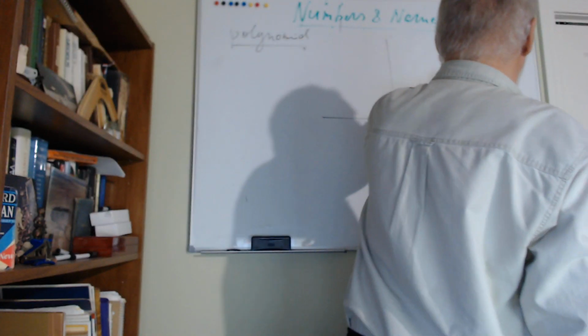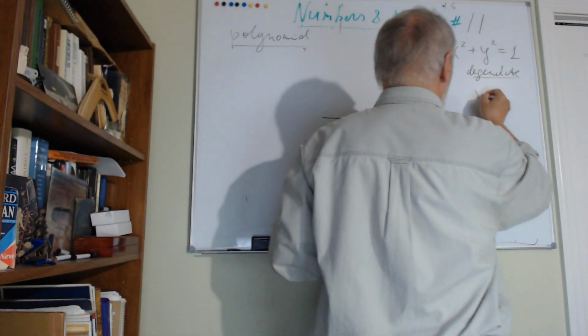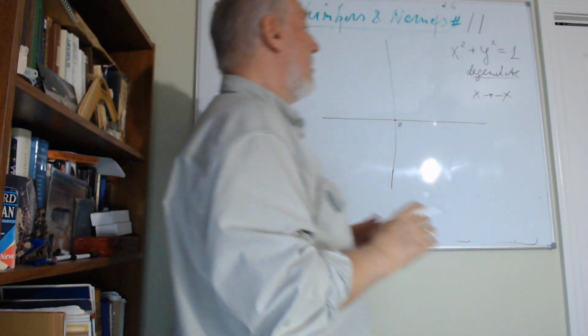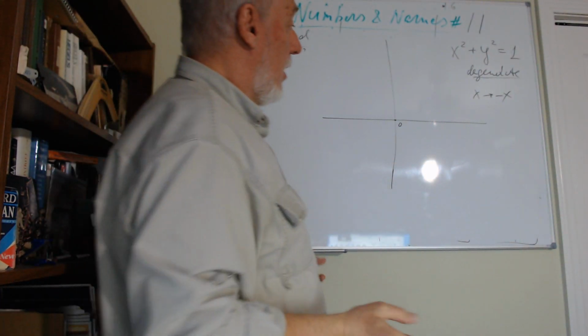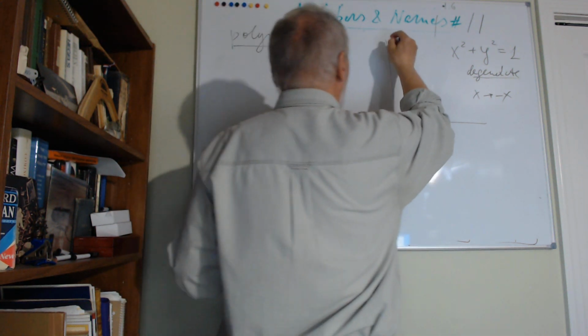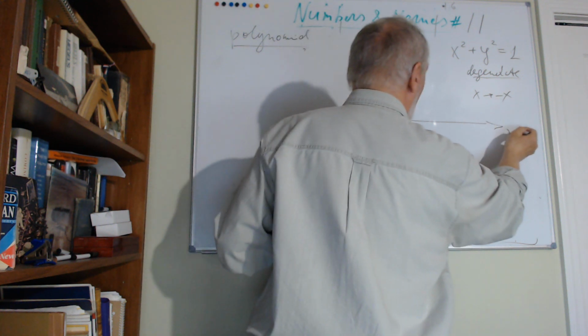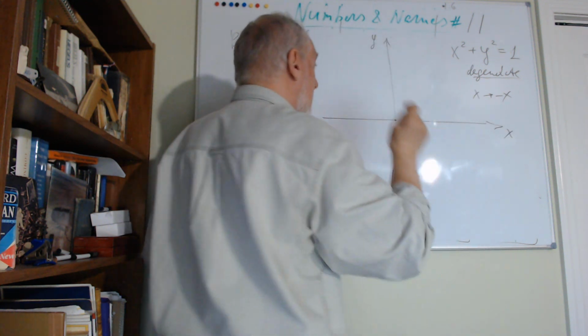First of all, we can talk about symmetries, right? For example, if we change x to minus x, would it be the same? Same. So this plot should be symmetrical against what axis? Reflection symmetry against what?